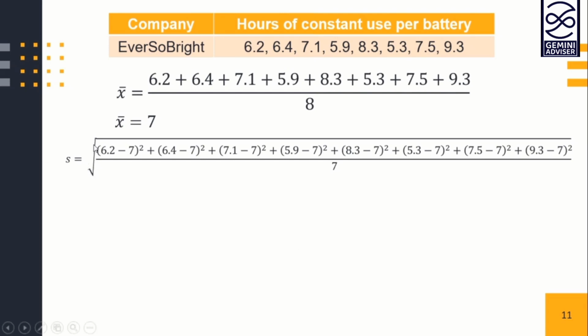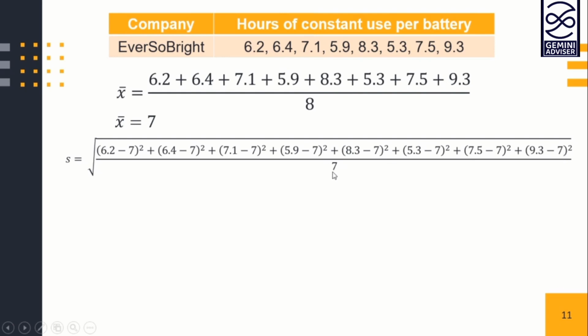So ilagay na natin yung square root niyan. Isa-isahin nyo i-subtract sa mean value. So 6.2 minus 7 squared plus 6.4 minus 7 squared plus hanggang sa makarating kayo sa dulo na 9.3 minus 7 squared all over 7.